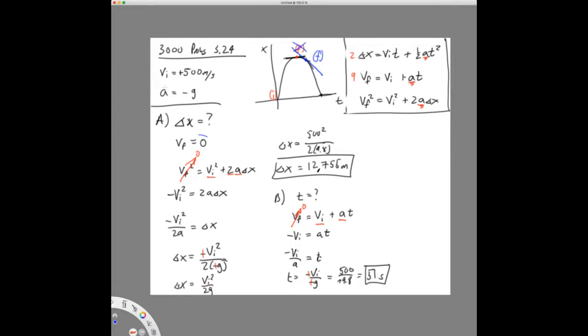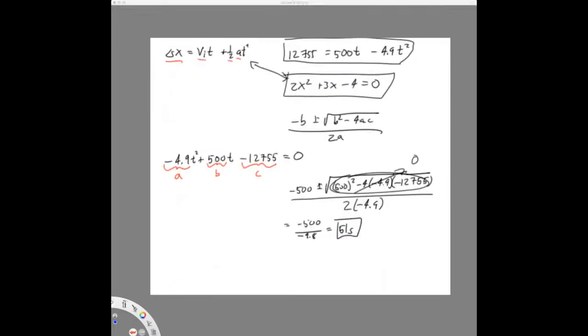But we can still rely on this initial stuff because the acceleration never changes and the initial velocity is still the initial velocity because we're still starting from the moment of launch. Having a little graph like this is useful to help you visualize and focus on what's going on.